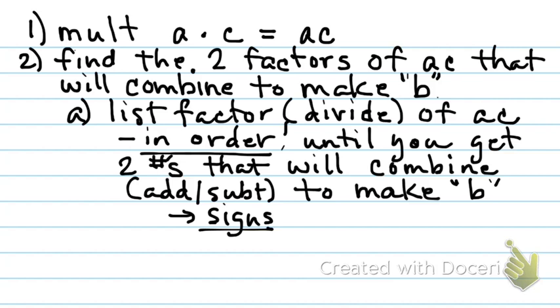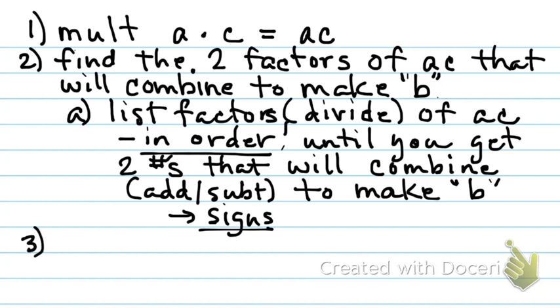And then whatever sign your number is, that tells you which sign you need. Okay? So we're just going to list factors of AC in order until you get two numbers that will combine, which means either add or subtract, to make what? B. And when you're doing that, watch those signs. Okay?